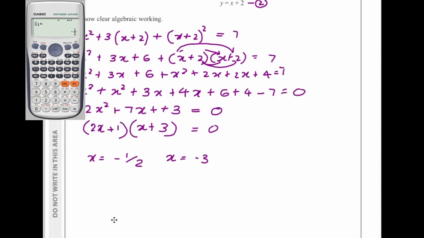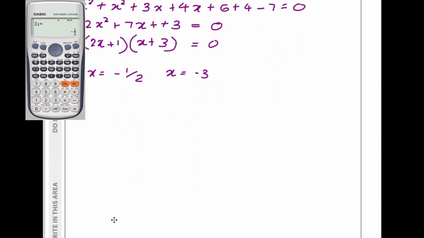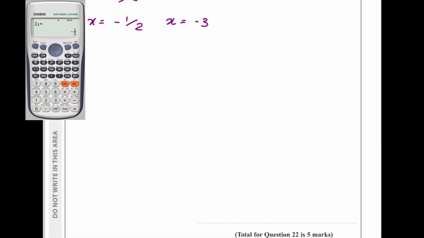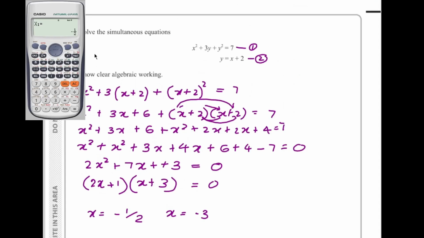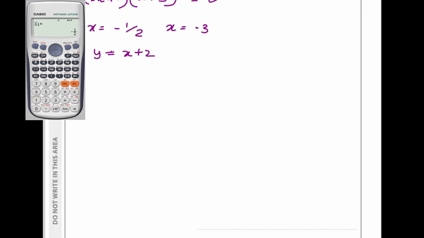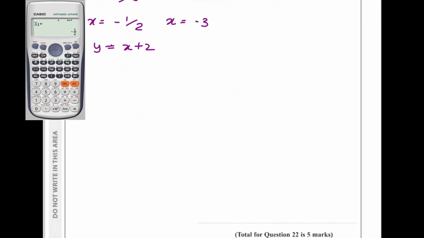Now let's move on to the values of y. To get the values of y, the easiest equation is the second equation, y equals x plus 2. So when x equals minus half, we have to get what y is.